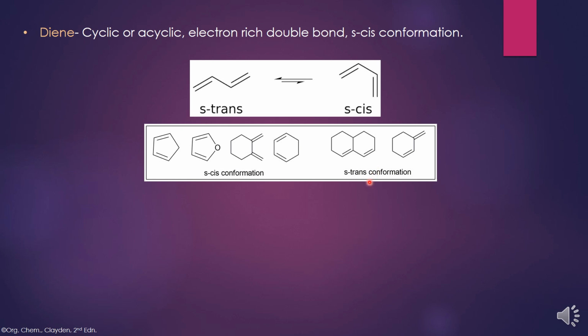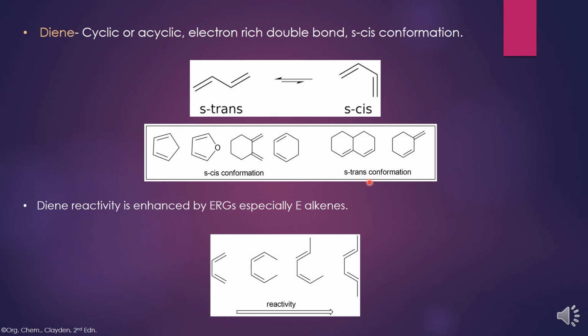If the diene is in the S-trans conformation before the reaction, and it is capable of coming to the S-cis conformation, then the reaction could proceed. But if the diene cannot be converted to the S-cis conformation, then the reaction will not proceed.